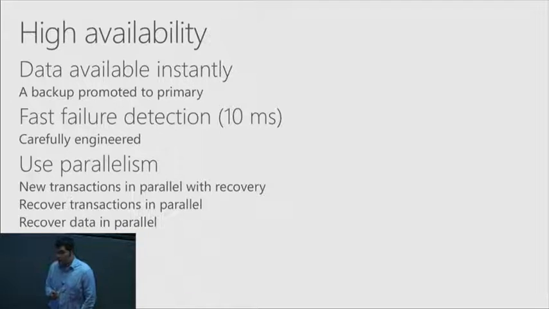And we also use parallelism as much as we can, again, to make the unavailability time as short as possible. So for instance, we avoid blocking new transactions during recovery as much as we can. We also recover transactions in parallel and recover data in parallel to shorten the recovery time.